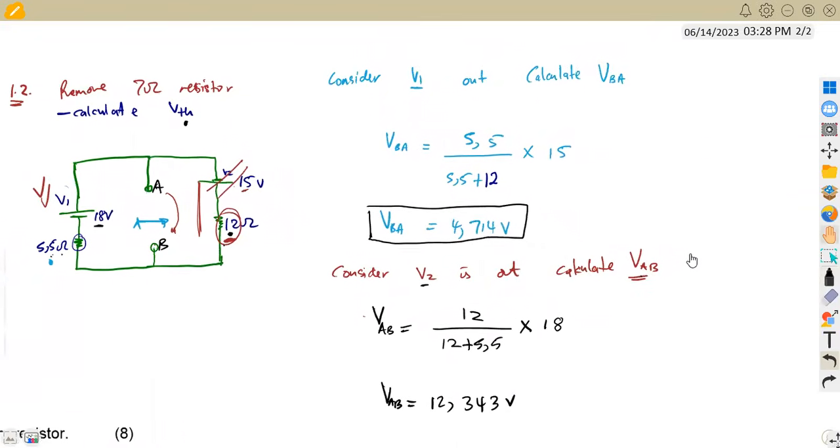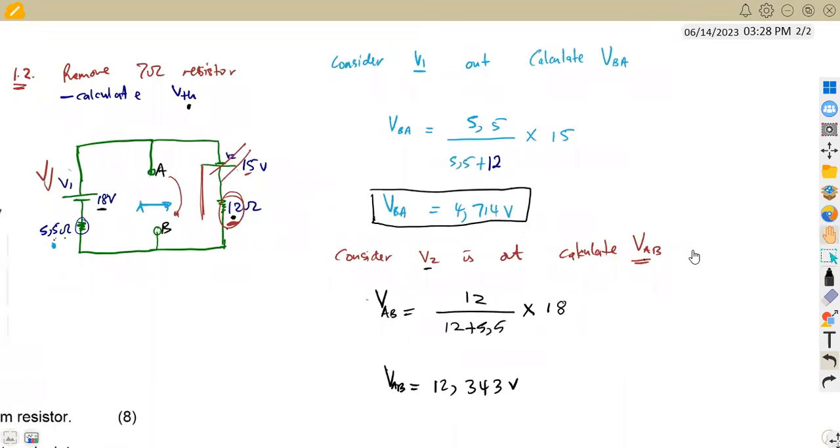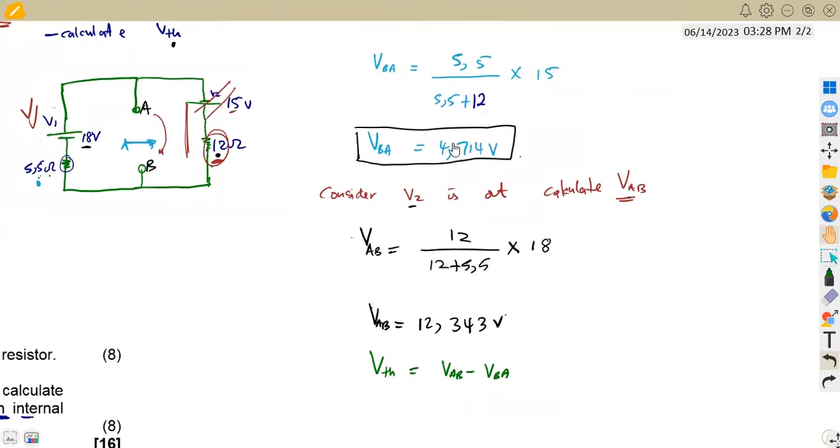So in order for you to have VTH, whether you know the formula or not, just consider which one is the biggest between these two. The actual formula for VTH is VAB minus VBA. But in this case, consider the bigger voltage minus the smaller voltage. Our bigger voltage is VAB, so you're going to subtract the smaller voltage from the bigger voltage.